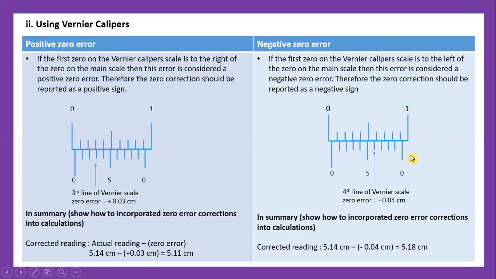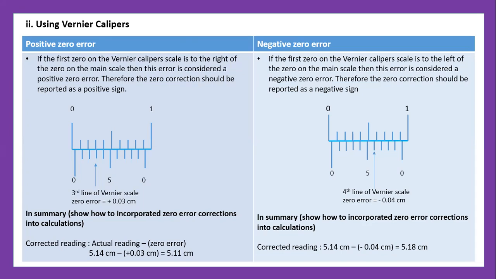Okay, let's look at this example where you have to get the corrected reading, where you need to add or subtract the zero error. You have to subtract the zero error in order to get the corrected reading.